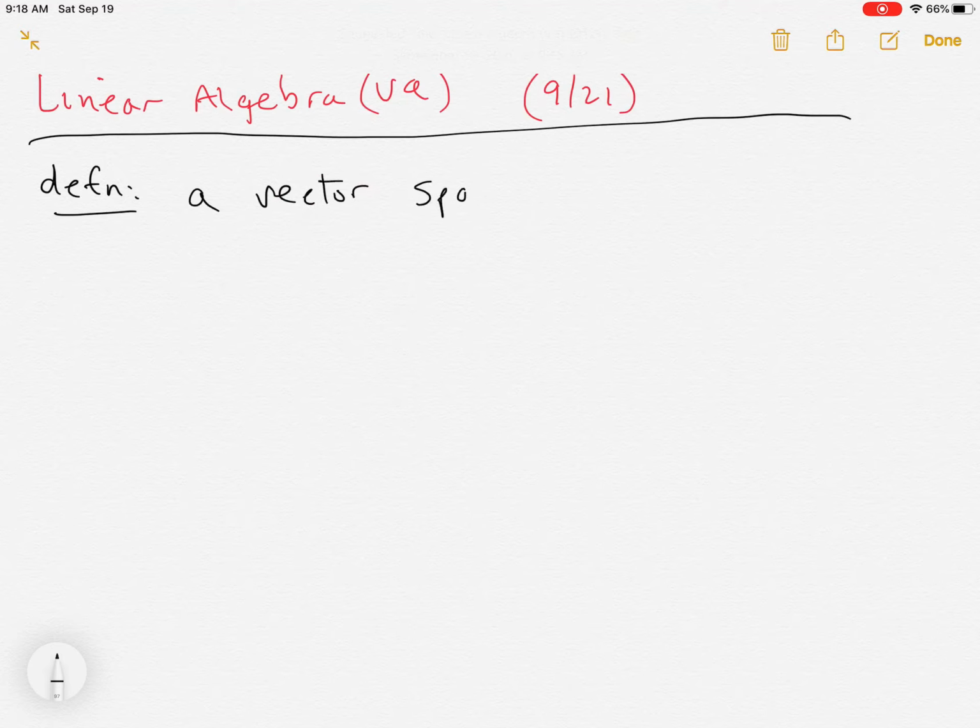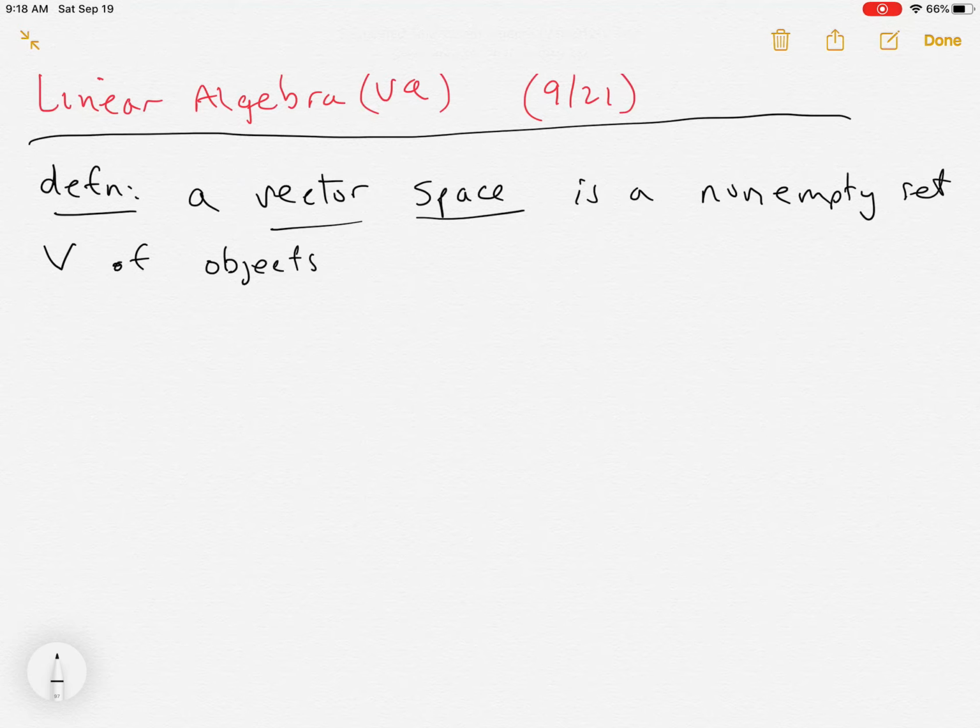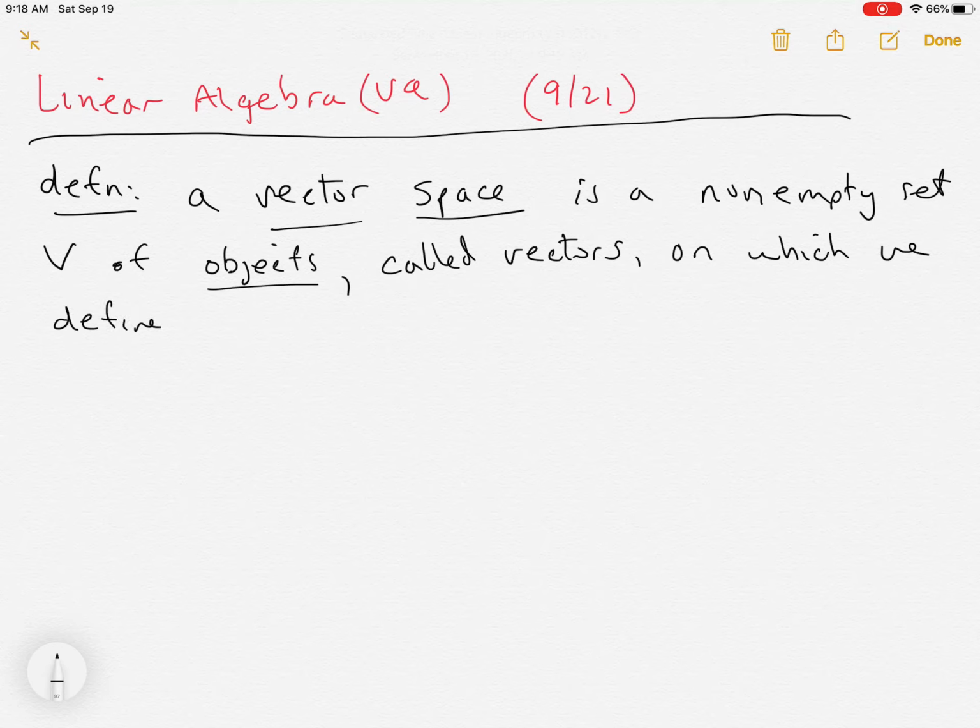A vector space is a non-empty set V of objects called vectors on which we define two operations: addition and multiplication by scalars.